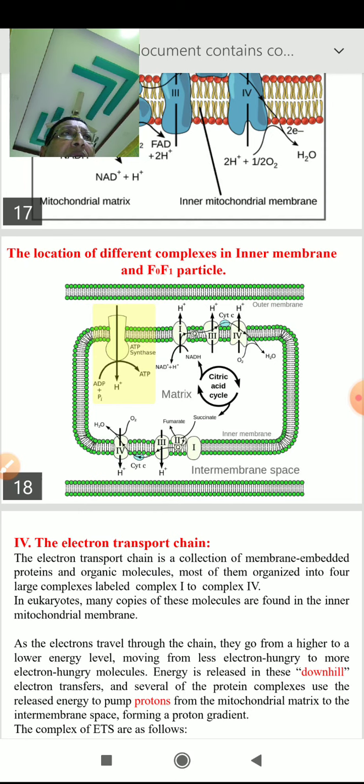To minimize this membrane potential, the hydrogen protons try to enter inside, but they cannot. There is only one way they can enter, through complex 5, known as the F0 and F1 particles. I will give the details in my next slides.